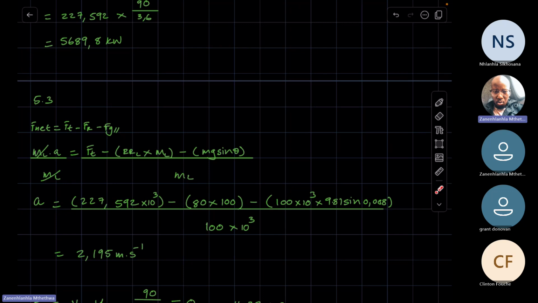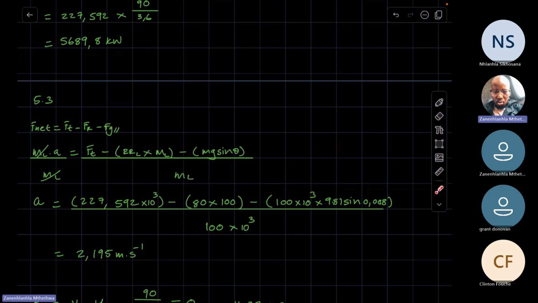And remember the rolling resistance or tractive resistance, you were given as 80 newtons per ton, and the mass of the locomotive is 100 tons. To get rid of the tons here and only be left with newtons, you multiply this by the mass in tons. So that is where the 80 times 100 comes from. And then you have mg sine theta. The mass is 100,000 kilograms, the g is 9.81, sine theta.